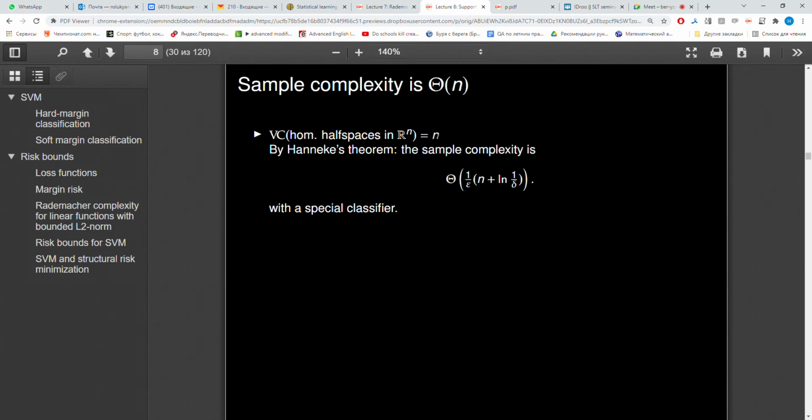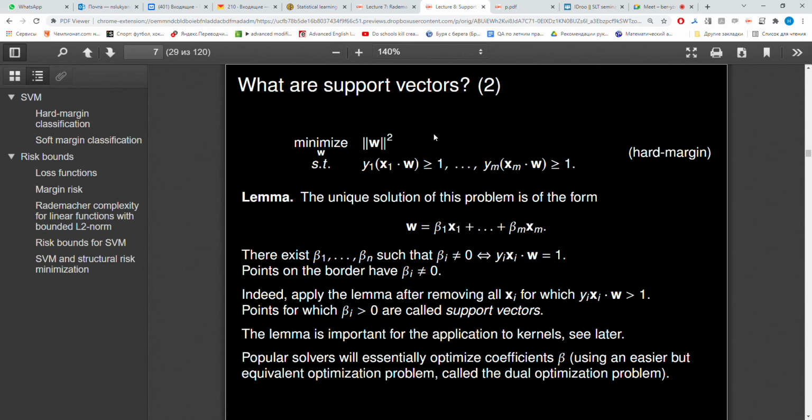So the main idea is that if we have some training sample, we can find the best value of vector w, which defines the half space and the best margin, only using these vectors x, some of which have a non-zero multiplier, because some of these x's can be achieved as a linear combination of other x's, and they can have no influence on the vector w because they are not linearly independent.